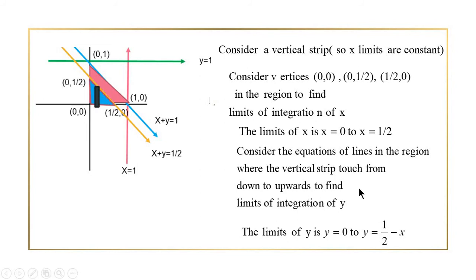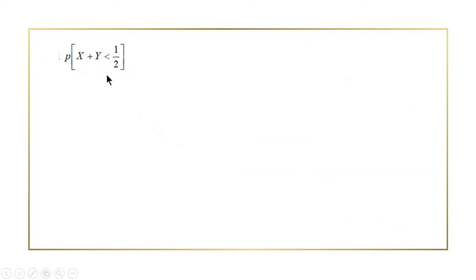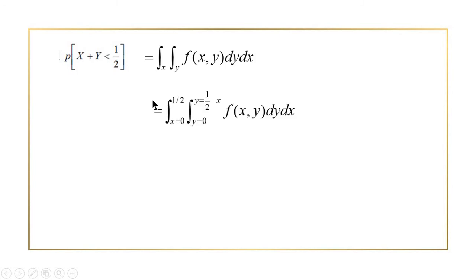Since we have got the limits of x and y, we are going to evaluate this probability, that is, integrate the joint PDF with respect to the limits in the blue colored region. We have to evaluate this function within this region. But the limits of x and y are not constants.